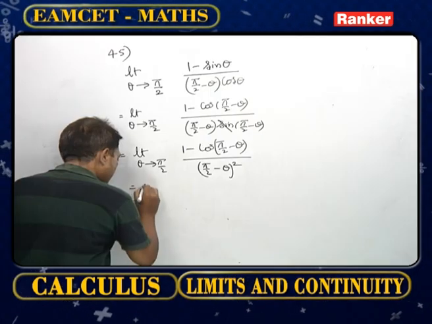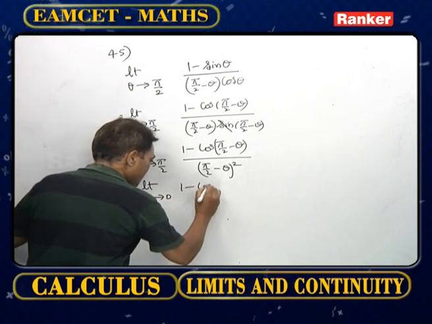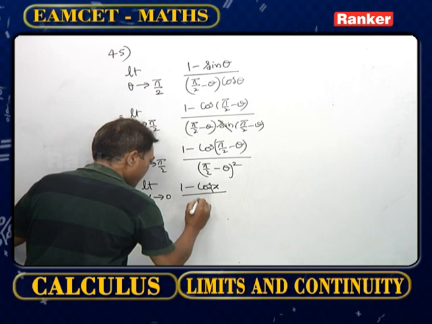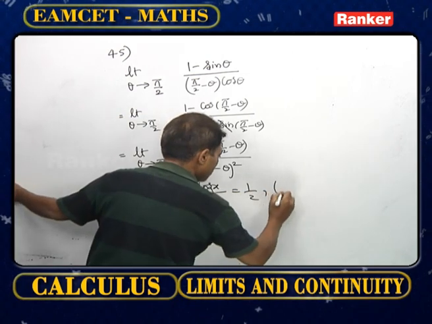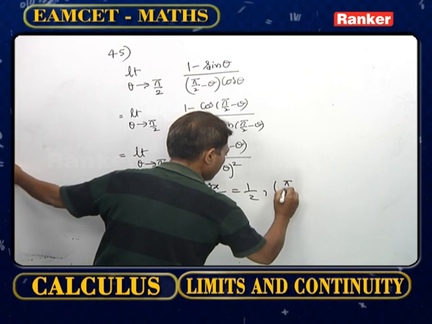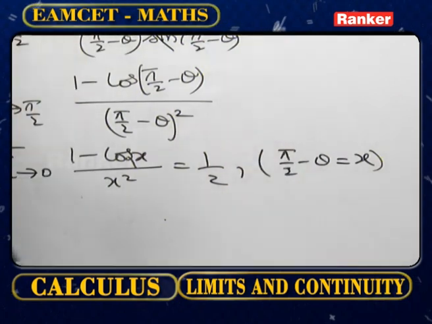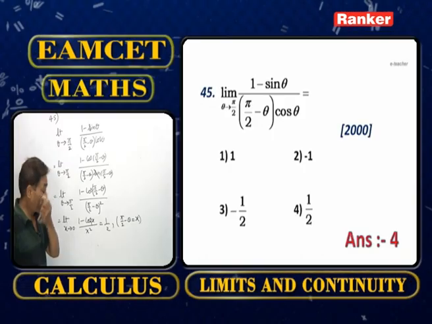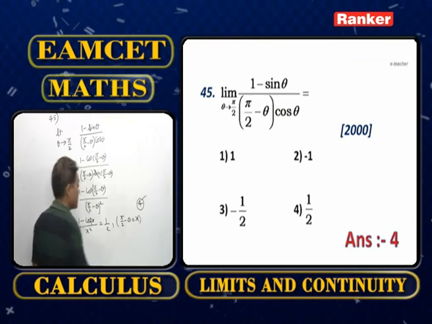It is just like limit x tending to 0, 1 minus cos x by x square, which we already know is 1 by 2. I am just considering pi by 2 minus theta equal to some x. So the final answer is 1 by 2, fourth option. The fourth option is the right answer.